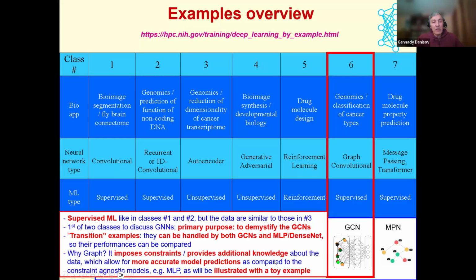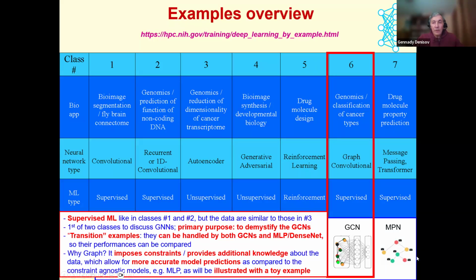And that potentially would allow us to improve the accuracy of model predictions. And I will try to illustrate this point with a very simple toy example in the introductory part of the class, and example number 2, which will follow.